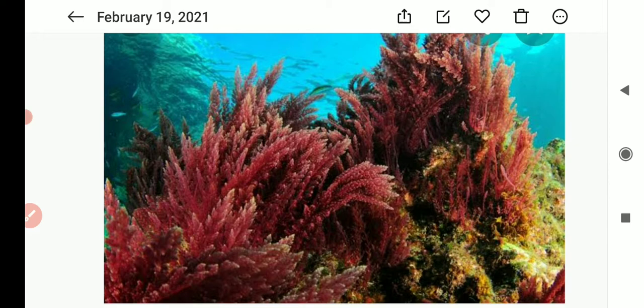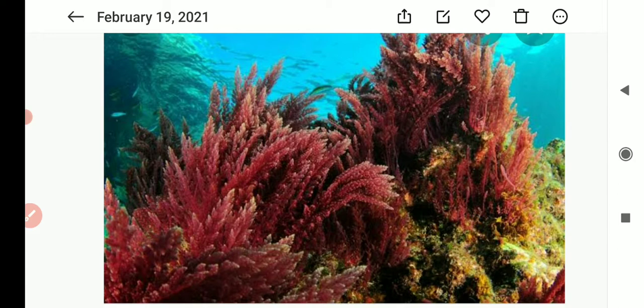So what I am showing you is different types of red algae. Members of the algae who belong to the family Rhodophyceae, or red algae. So in your syllabus, since I'm covering Lycopodium, Selaginella and Polysiphonia, one algae I'm taking, one life cycle of algae I'm taking.